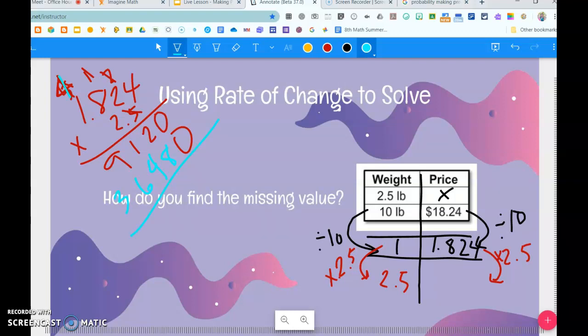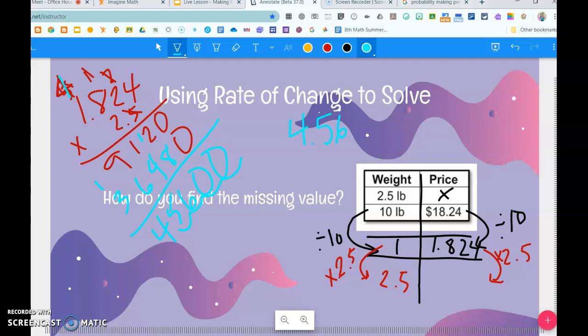All right, now we're going to combine those, and that's going to give us 6, 5, carry your 1, and then now we need to look at our decimals. If we had 3 decimal places in this number and 1 in this number, then our final answer should have 4 decimal places.